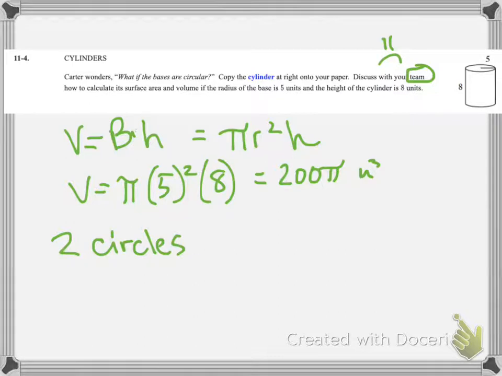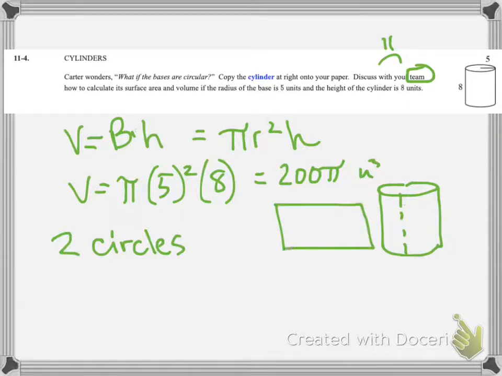Have you ever taken the soup label off a can of soup? If we take the label off, so let's say we cut the soup label on the can and we open it up and we stretch it out on the counter, we have a rectangle.